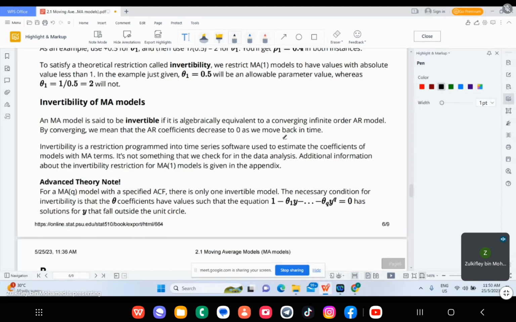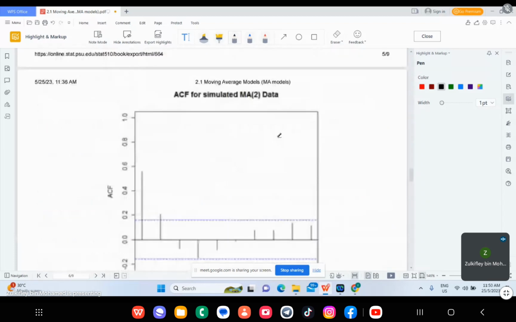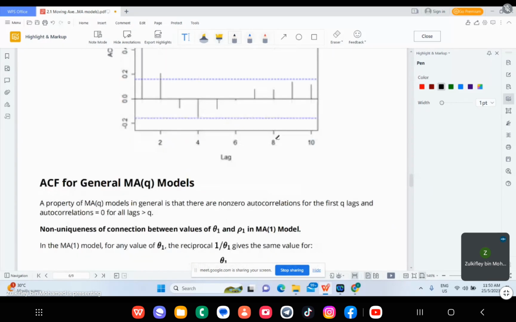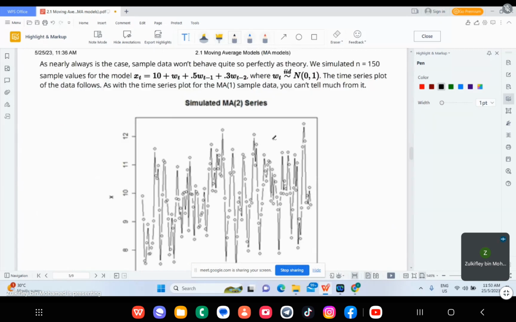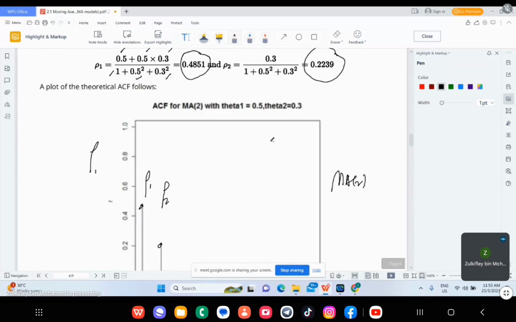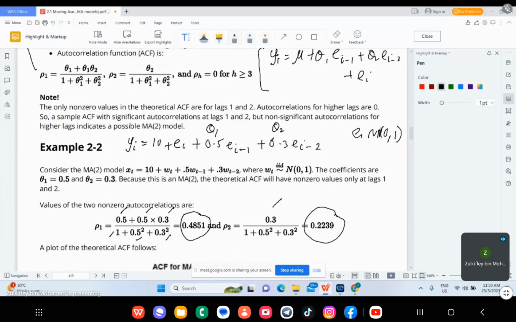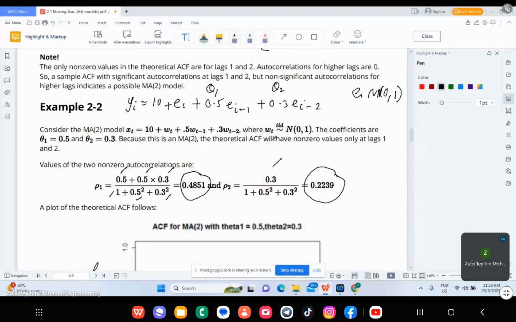Okay, boleh? So saya sentuh tentang MA2 sajalah. Untuk MA3 dia lebih complicated lah, formulanya lebih complicated. So kita berhenti sampai MA2 sajalah. Ini adalah cara untuk kita mengenal pasti.